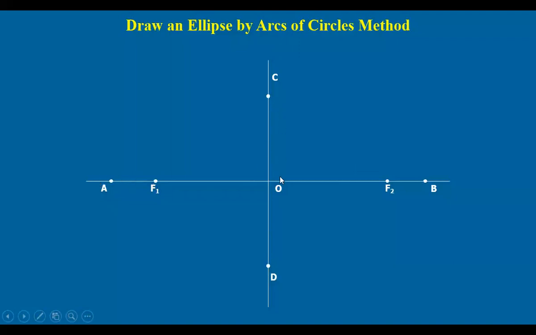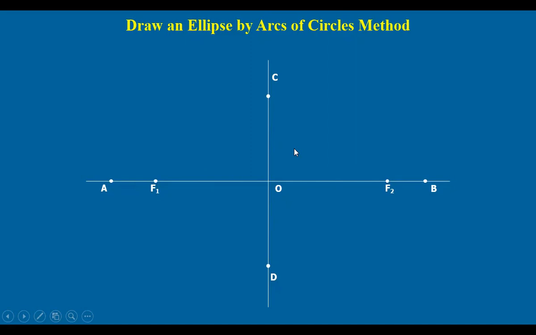We have drawn a perpendicular bisector and marked the minor axis, and O is the intersection point. We can find F1 and F2 with AO as radius and C as center. If you draw arcs, we get F1 and F2. That's how we got this data so far.